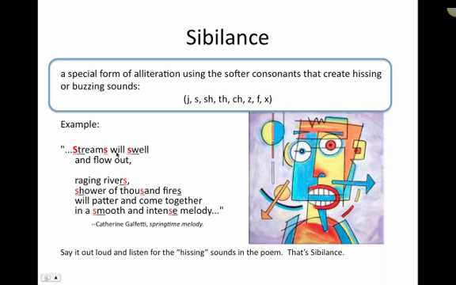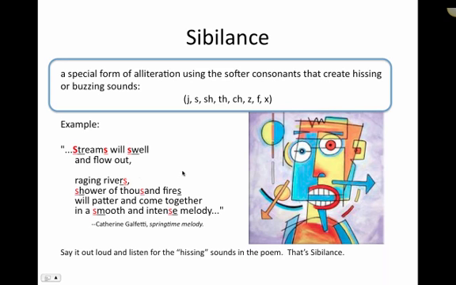So here's an example. Streams will swell and flow out, raging rivers, shower of a thousand fires, and will pattern come together in a smooth and intense melody. All of those hissing sounds that you hear repeated throughout the poem, that's sibilance.